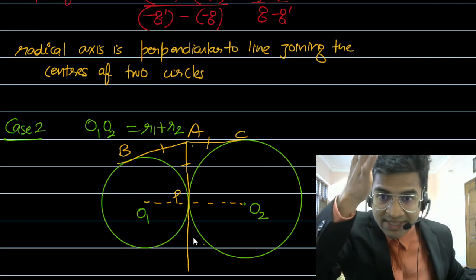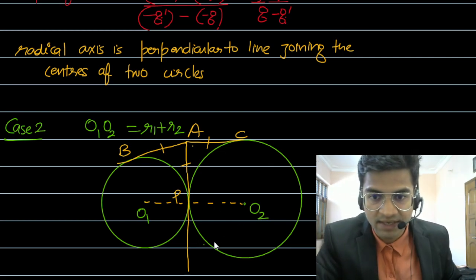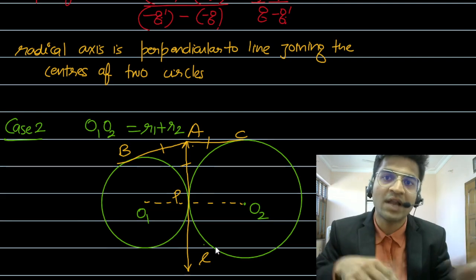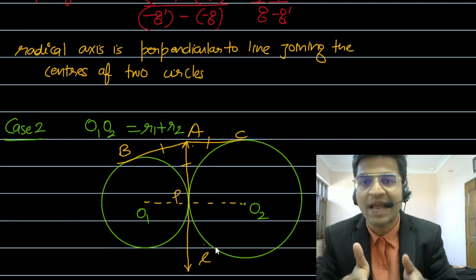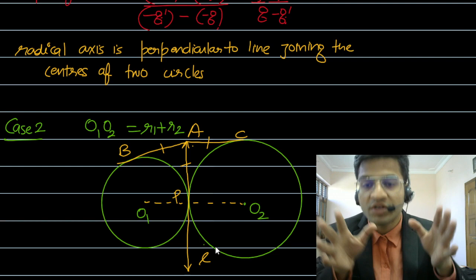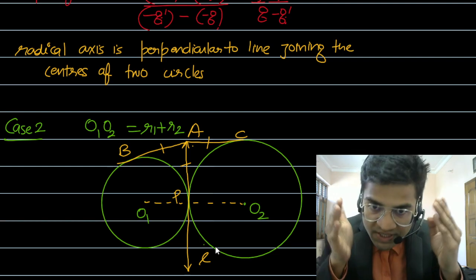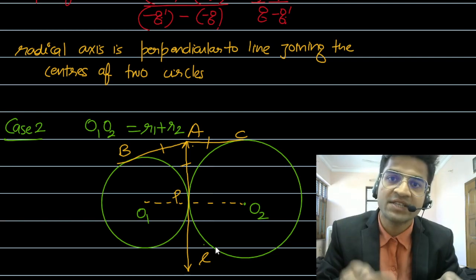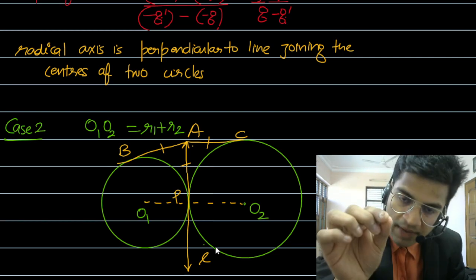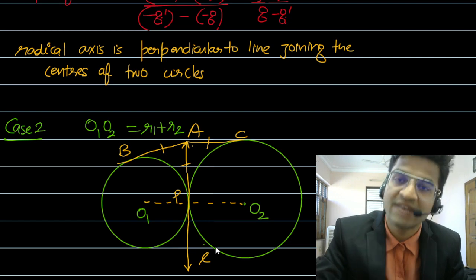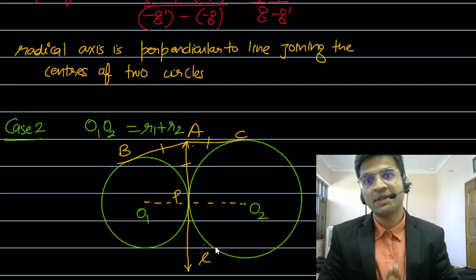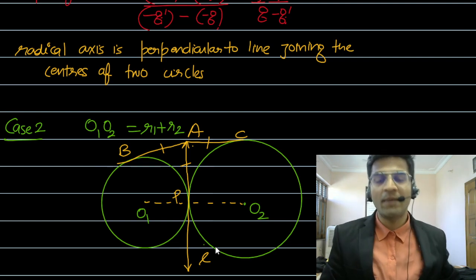So this line AP, if I extend it and term it as L, for this line L the centers of the two circles are lying on different sides. So this line L is the radical axis for this pair of circles, because for any point lying on this line L, if I draw tangents from it to the two circles, they will be equal in length. So thus, the radical axis will be this indirect common tangent.